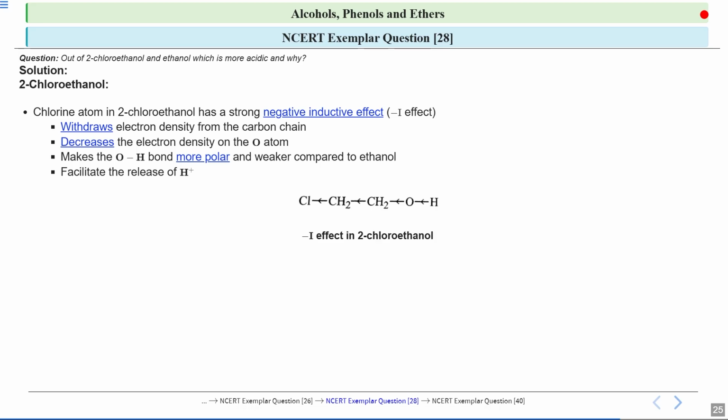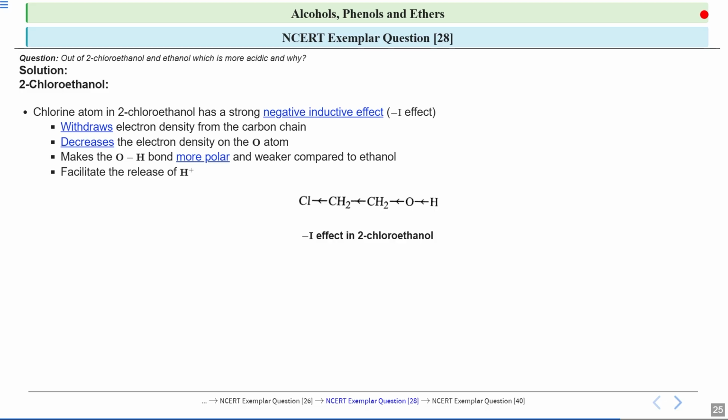Now if the electron density on this oxygen is decreasing, what will it do? It will take the shared pair of electrons from this hydrogen, because now this oxygen is hungry, as this chlorine is taking away its electron density. So the oxygen says to the hydrogen that I need to take the shared pair of electrons towards me. So this will make the oxygen-hydrogen bond more polar, or I can say this OH bond will become weak.